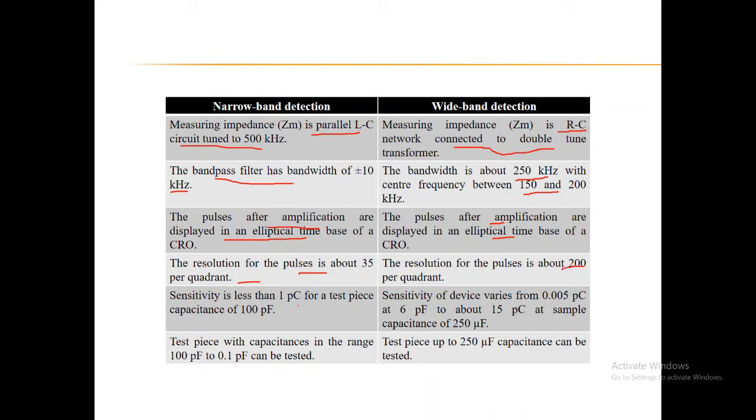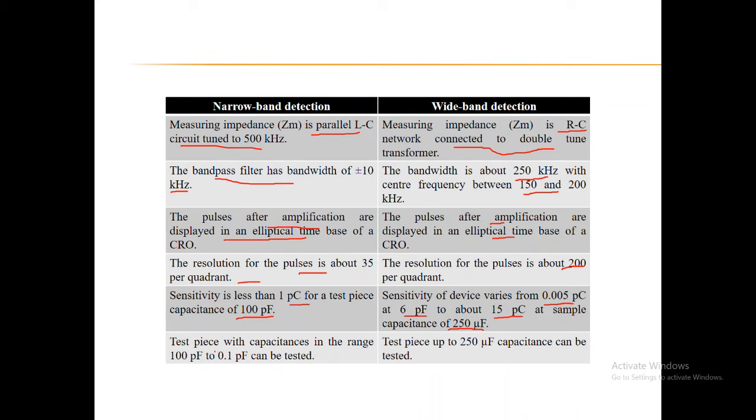Narrow band has sensitivity of less than 1 picocoulomb for a test piece capacitance of 100 picofarad, whereas in wide band the sensitivity varies from 0.005 picocoulomb at 6 picofarad to about 15 picocoulomb at a sample capacitance of 250 microfarad.